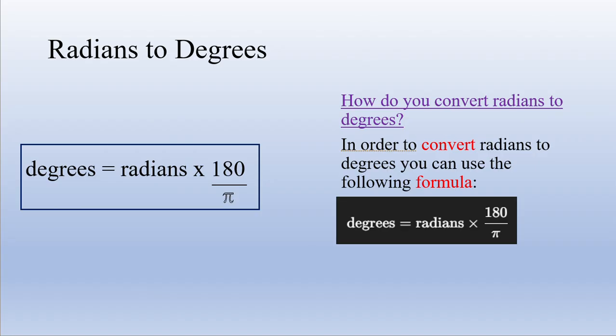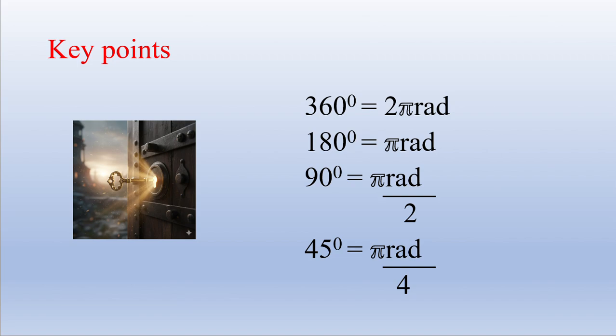The last thing you need to remember are some typical values which I think you should memorize, honestly. It just makes life a lot easier. 360 degrees equals 2 pi radians, 180 degrees equals pi radians, 90 degrees equals pi over 2 radians, and 45 degrees equals pi over 4 radians.